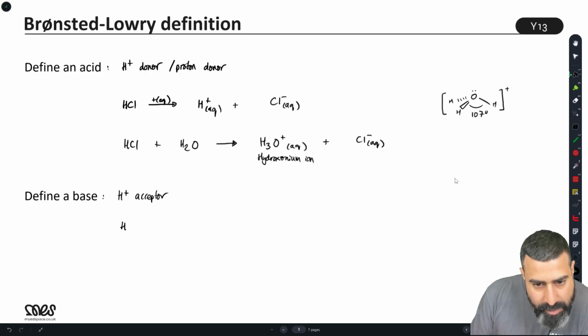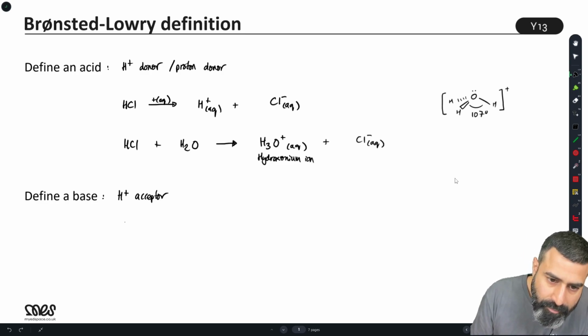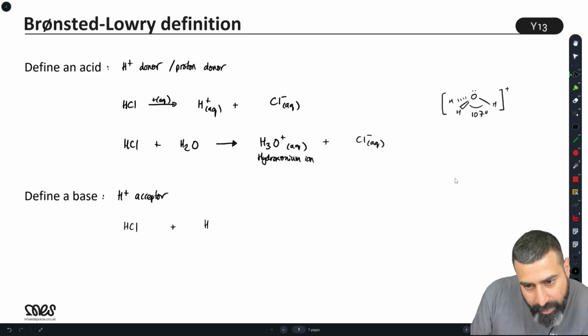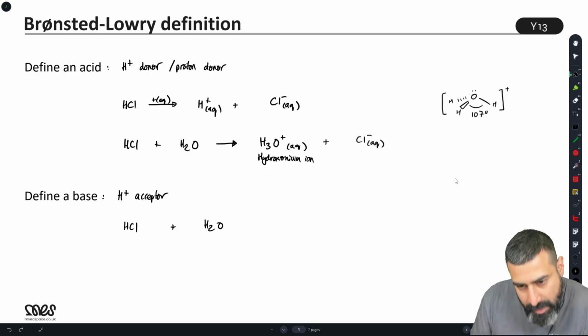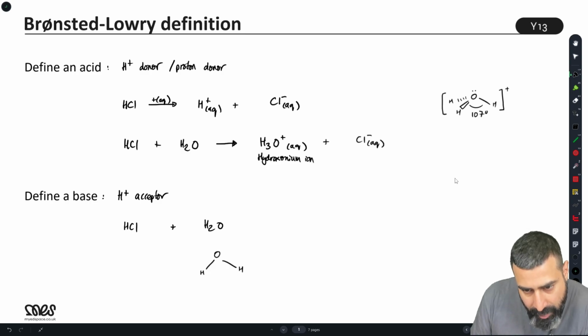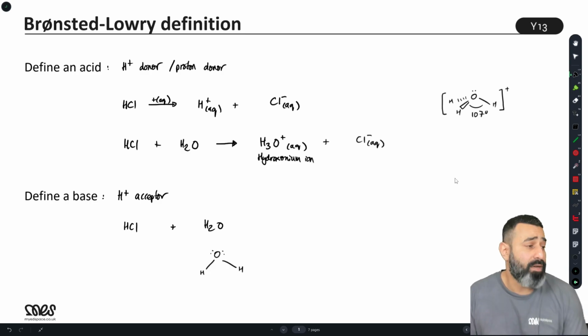Okay, so let's just have a look at the above example. So let's take HCl and let's see it react with H2O. Well, we know that this species gives out H+, right? So here's my water molecule, and it's got two lone pairs of electrons.